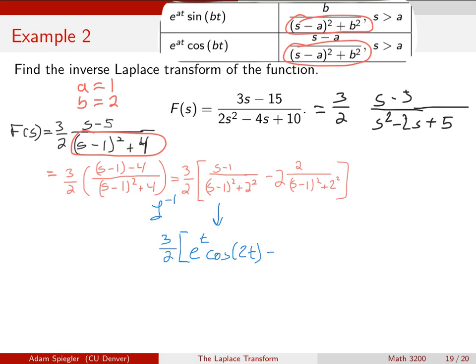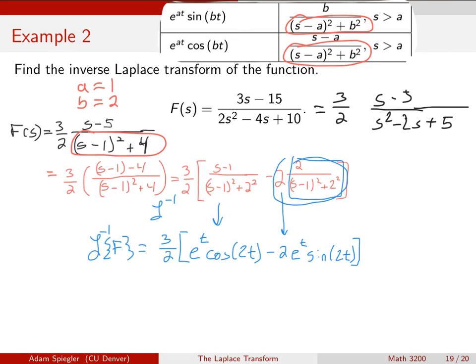And then over here, when I take the inverse Laplace transform of all of this stuff, the 2 comes down, and what's left gives me e to the at times the sine of bt, which again is 2t. So all of this stuff that we have over here is the inverse Laplace transform of the function that we started with.